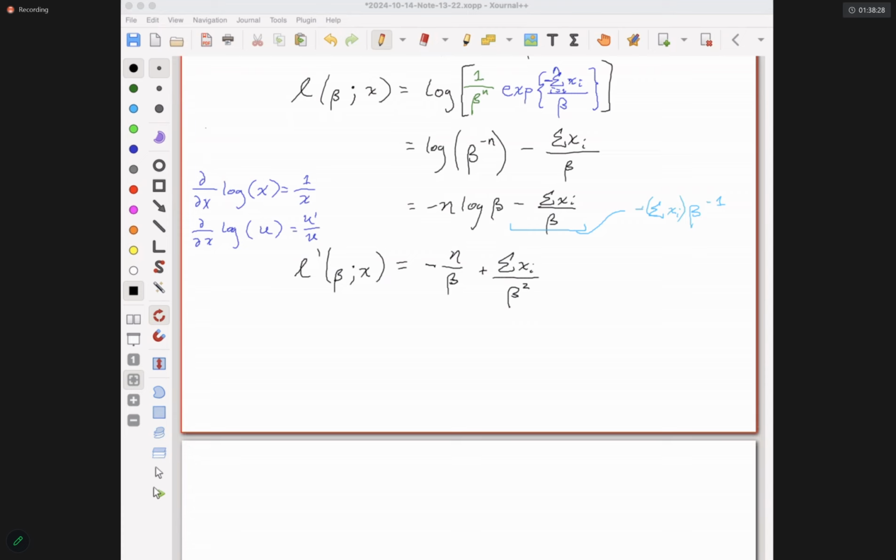This use, are you saying how to get from here to here?